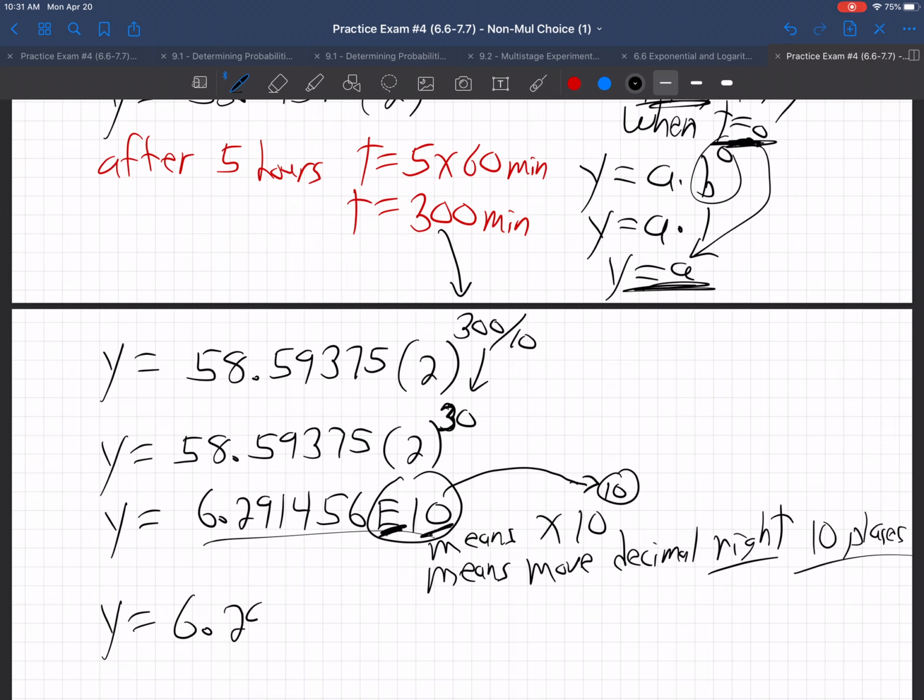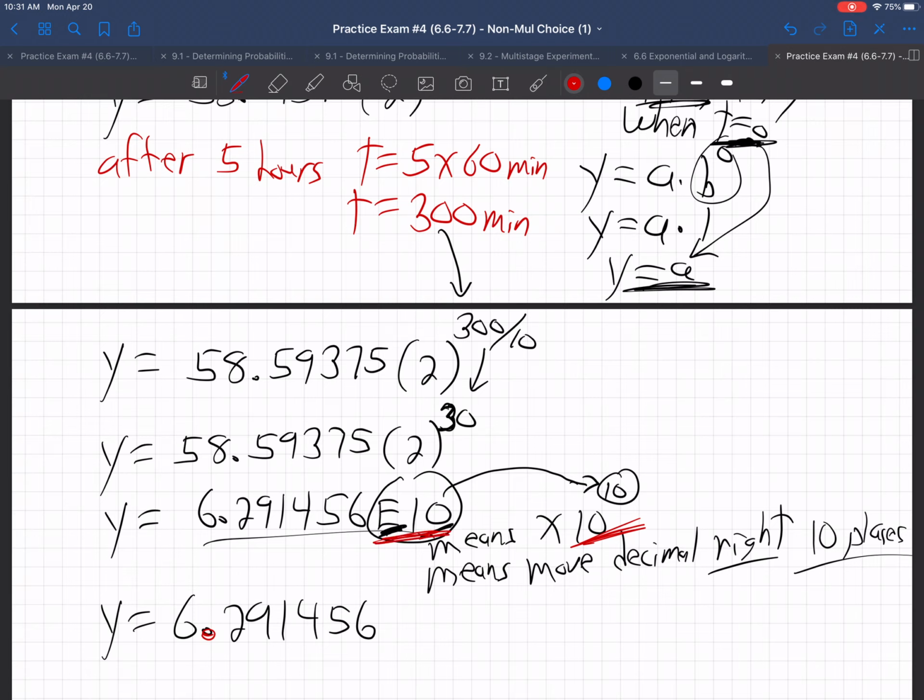So 6.291456. I should take that decimal, which is right here. It doesn't really belong there. It goes right 10 places. Remember, when you multiply any number by 10, that moves the decimal one spot, right? So multiplying by 10 to the 10th, that's multiplying by 10 10 times, that moves the decimal 10 places to the right.